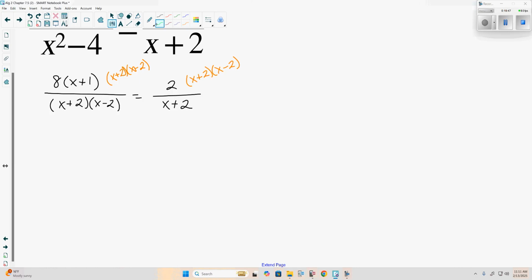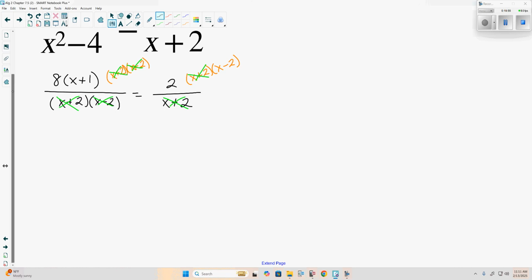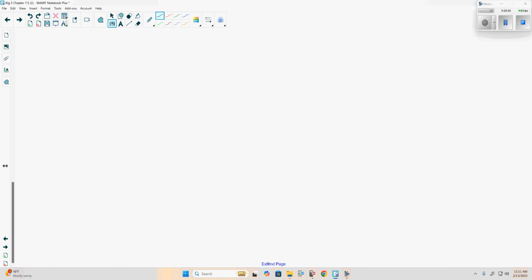So to solve this, the first thing we're going to do is multiply by x plus 2 and x minus 2. Incidentally, what that leaves us with is 8 times x plus 1 is equal to 2 times x minus 2.